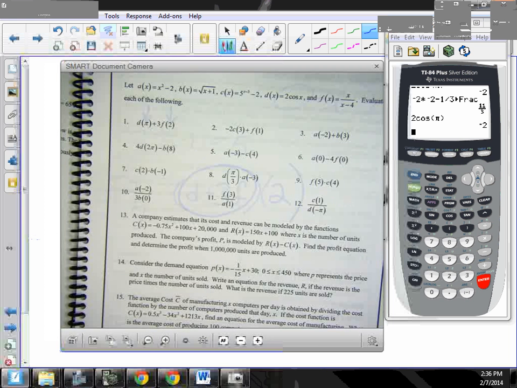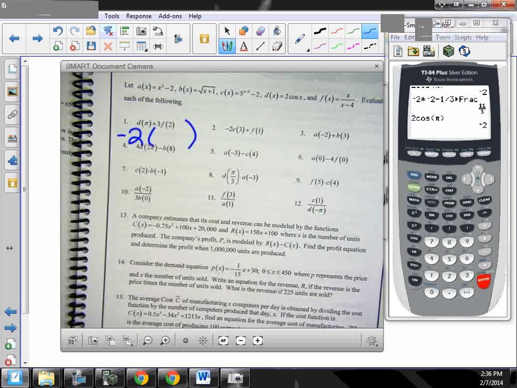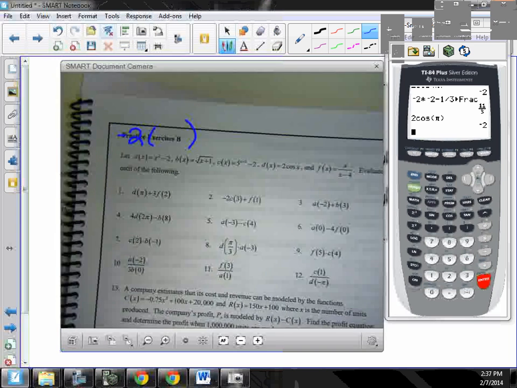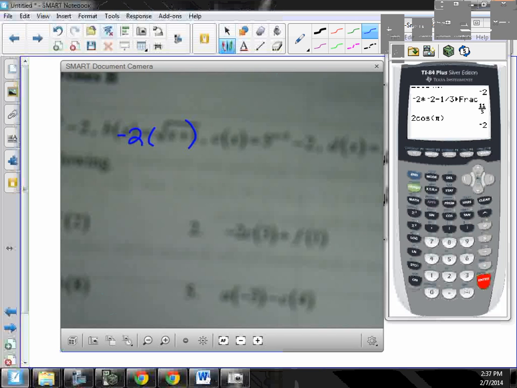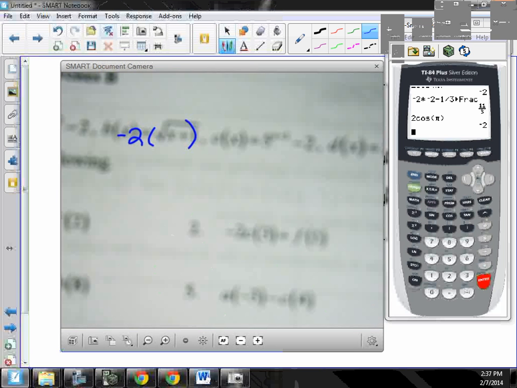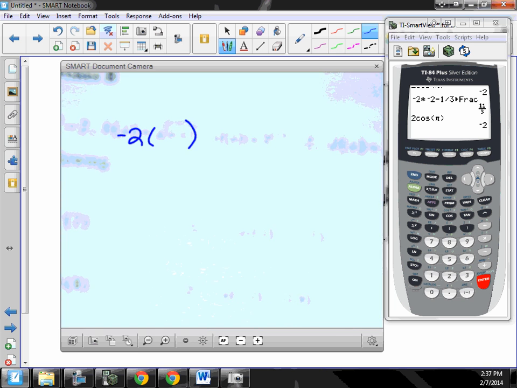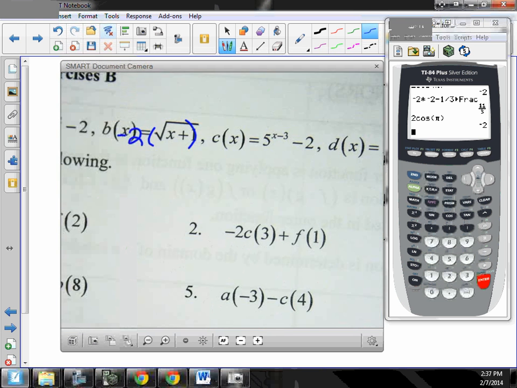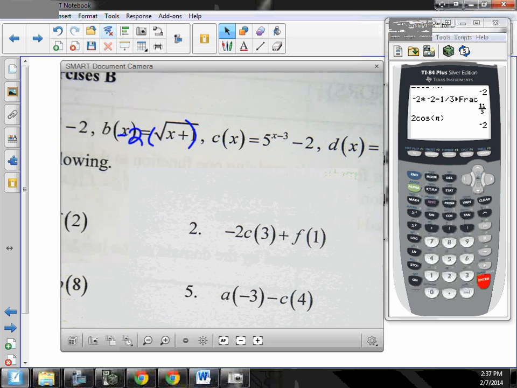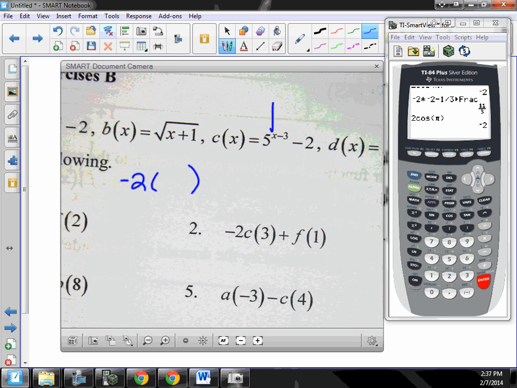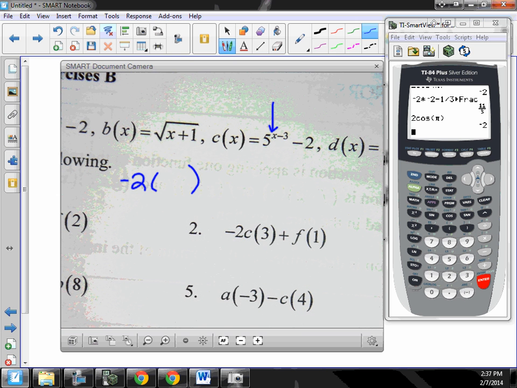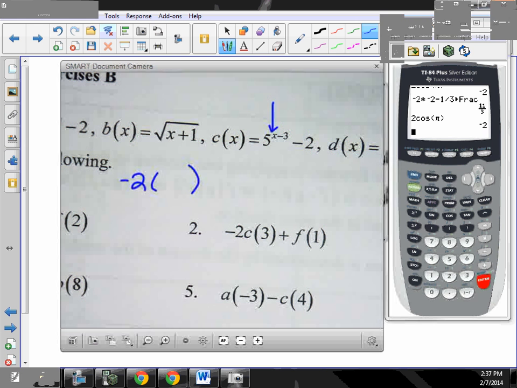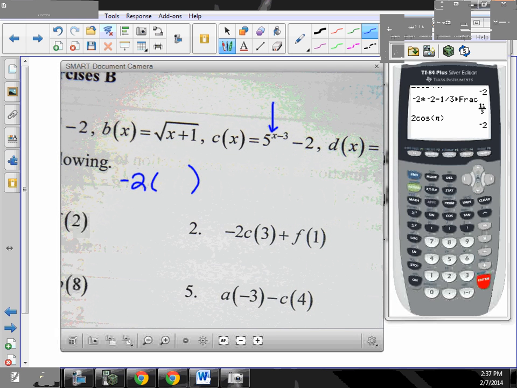So let's do number 2. Negative 2 times c of 3. Let me zoom in on that a little bit. There we go. So if I plug 3 in there, what do I get? 5 raised to the 0, which is 1, and 1 minus 2 is negative 1.